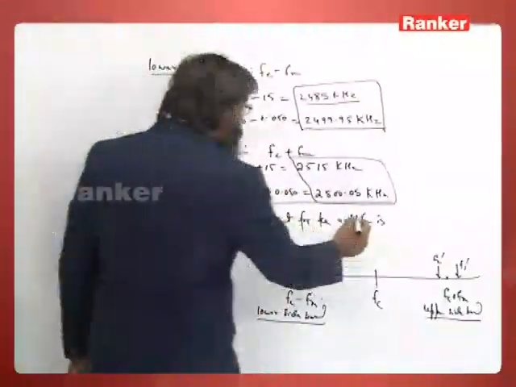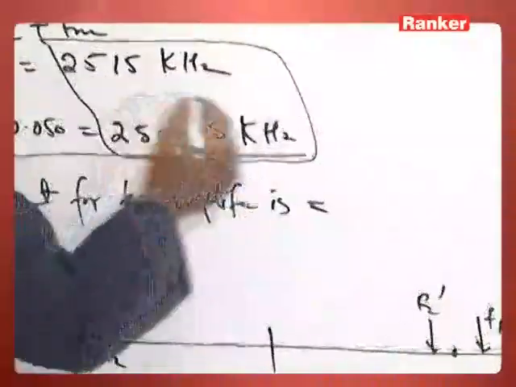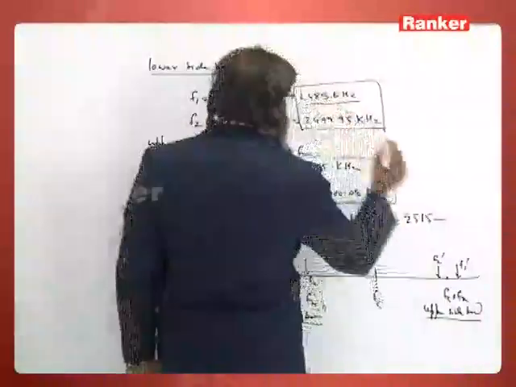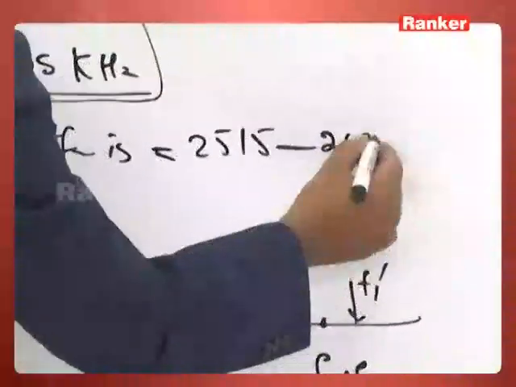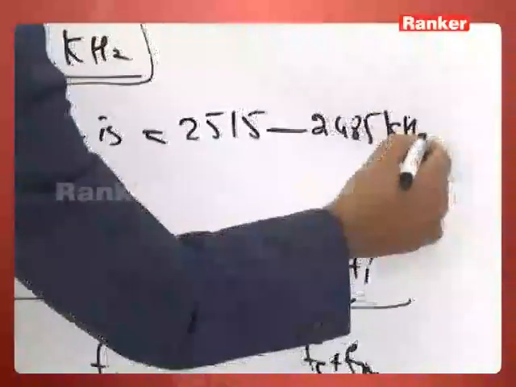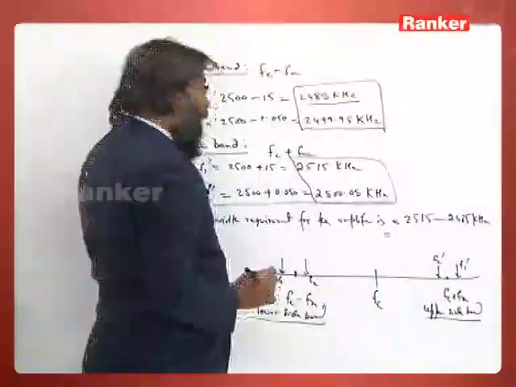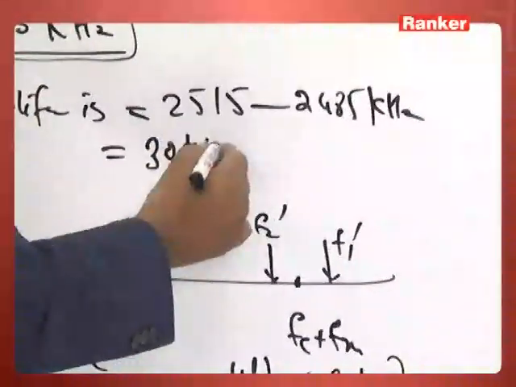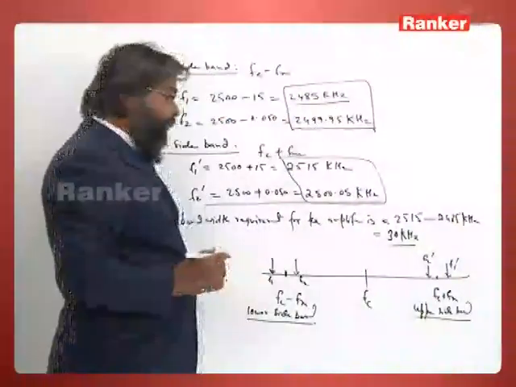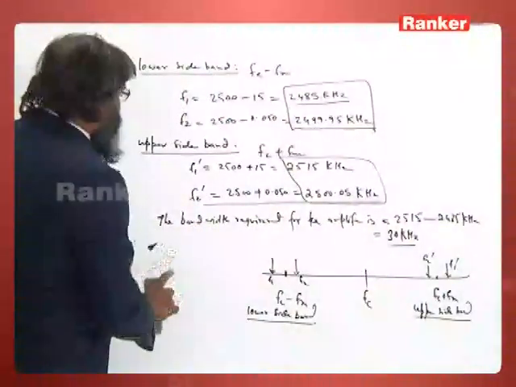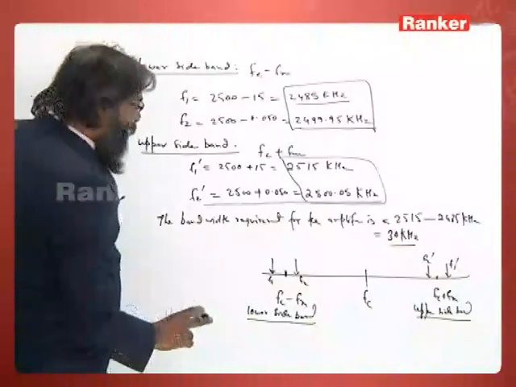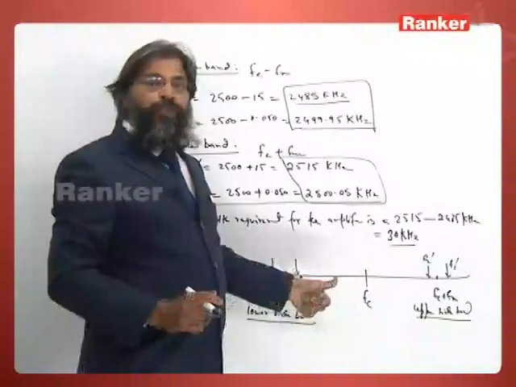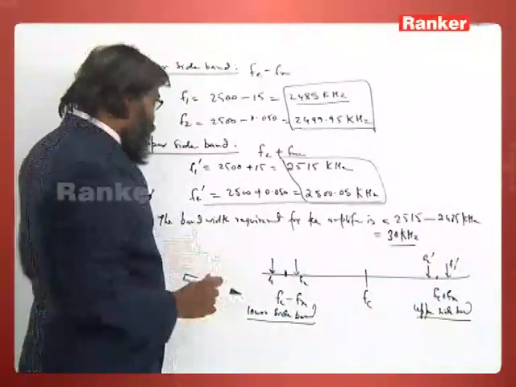So the bandwidth requirement of the amplifier becomes 2515 minus 2485 kilohertz. That comes out to be 30 kilohertz. So you see here that this bandwidth requirement is twice the maximum frequency of the modulating signal.